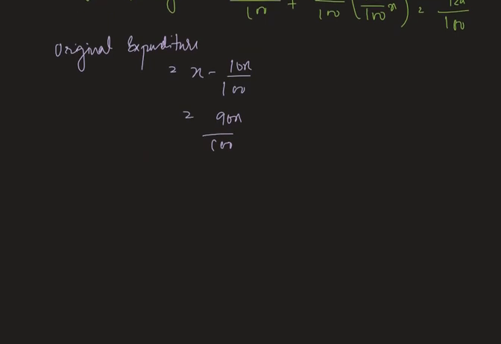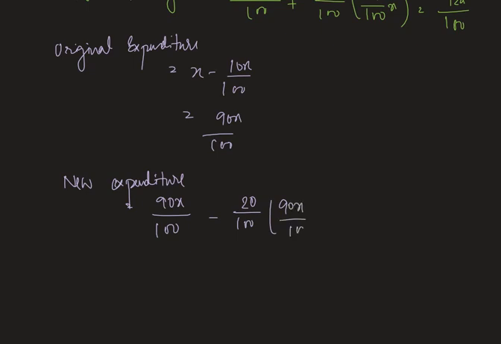But in present, the new expenditure is the original expenditure subtracted by 20% of it, as given by the question that he reduced his expenditure by 20%, and this results in 72x divided by 100.